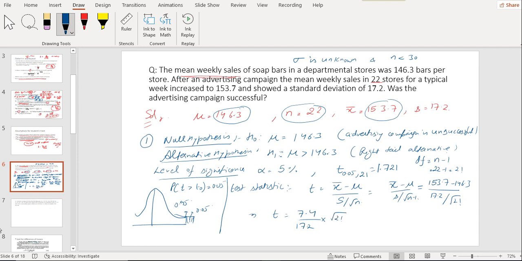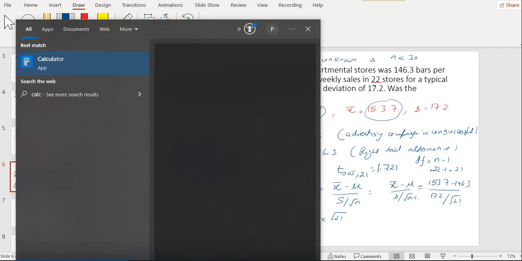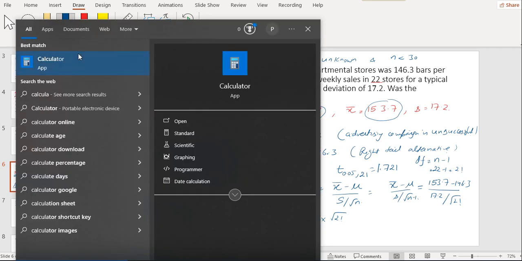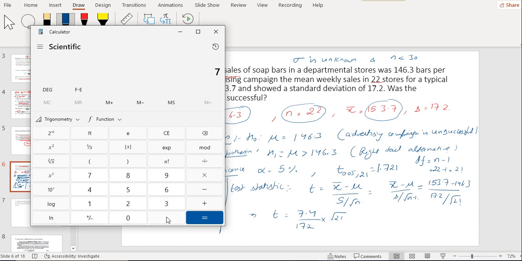To calculate this value, we can use a calculator. So if we calculate this value, 7.4 multiplied by square root of 21 and then divided by 17.2, its value comes out to be 1.97.